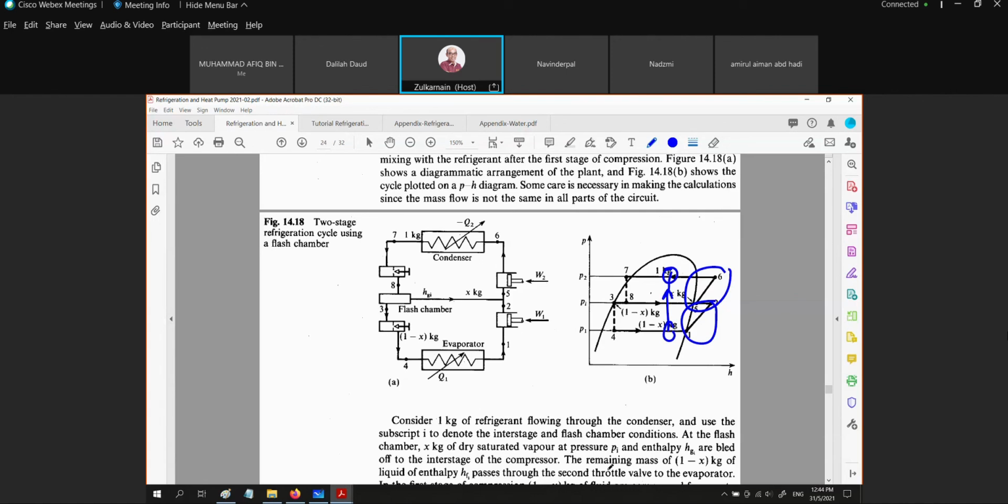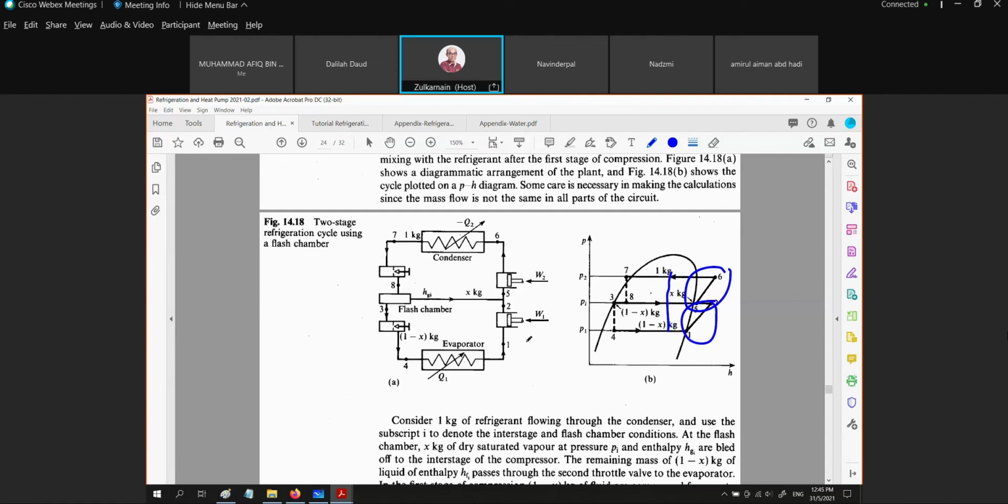That is the limit of our compression process. It all depends on the minimum pressure, which is the evaporator pressure, and the maximum pressure, which is the condenser pressure.